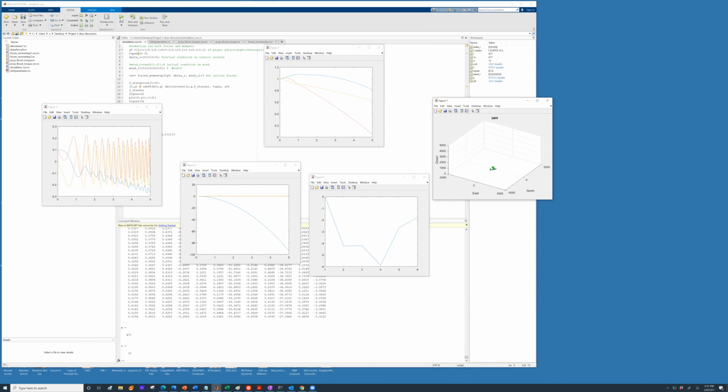Now, it doesn't show directly here, but what this tells me, if you look at figure 2, is that the UAV is dropping in altitude. That's what it is showing, but because of the scaling, it is not visible.